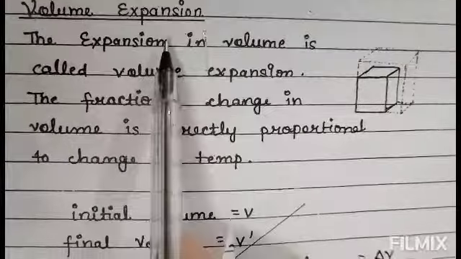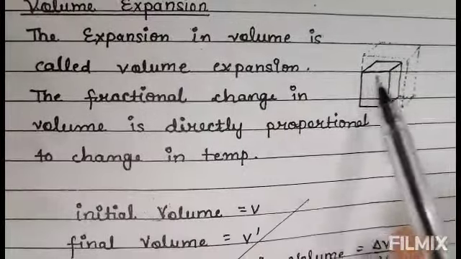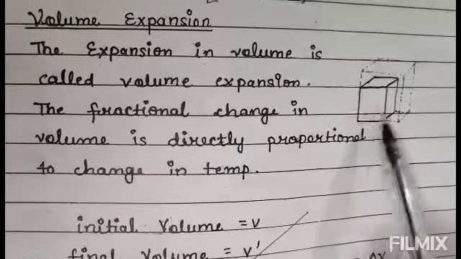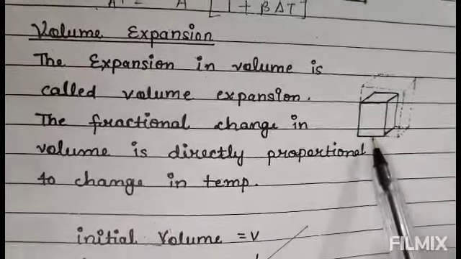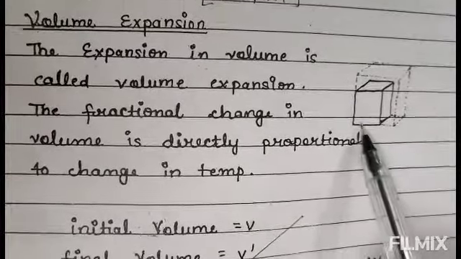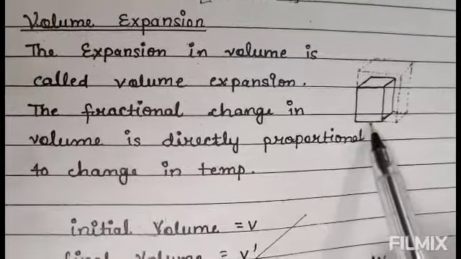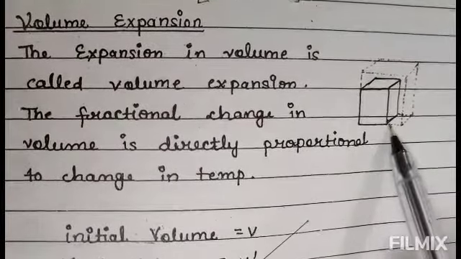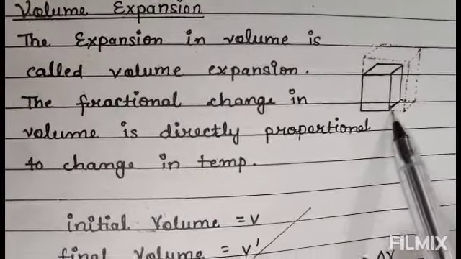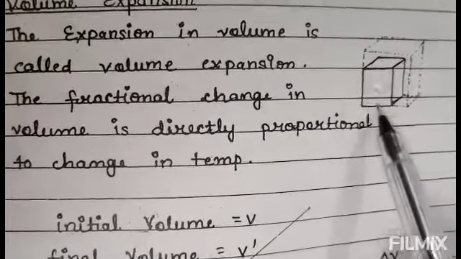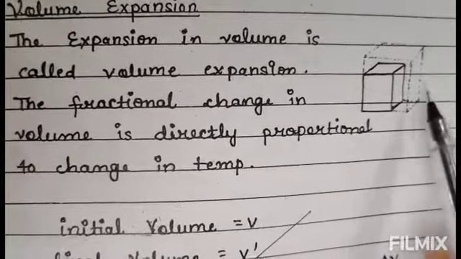Volume expansion. Here you will see we have taken a cube, and initially the temperature is T1. When we give temperature up to T2, the expansion will be there in the length, width and the height. So overall the volume will expand.